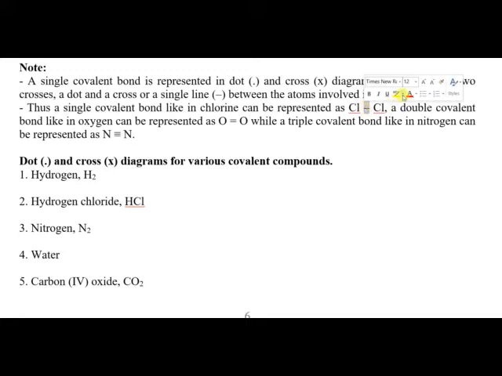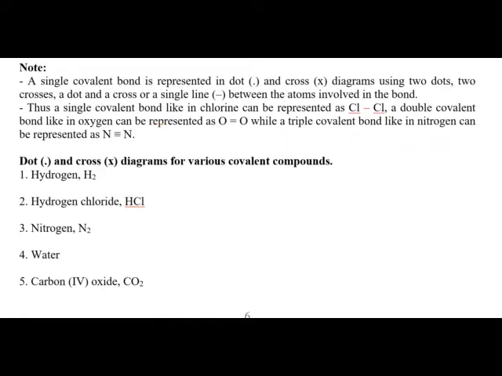This single dash you are seeing here that I have highlighted with red is a single covalent bond, 2 electrons. A double covalent bond like in oxygen can be represented by 2 dashes like that, and it represents 4 electrons, 2 and 2. While a triple covalent bond like in nitrogen is represented as that. I am sure when we draw these things, you are going to understand even better because I'm going to draw them.